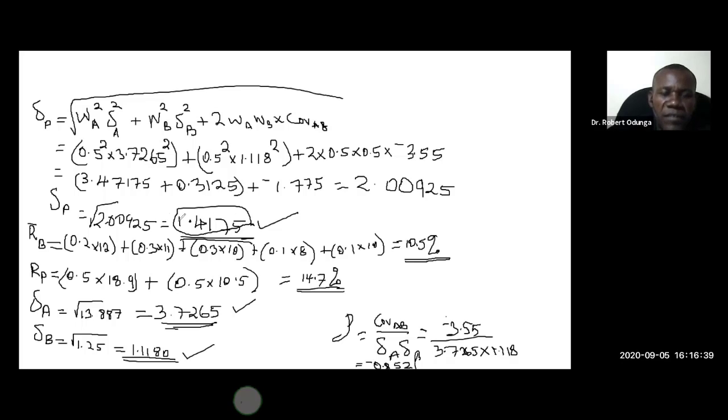The risk of the portfolio is 1.4175, and the return of the portfolio is 14.75. So you'll be comparing this return against other portfolios, other formations that can come about. So you are comparing this 0.5 to 0.5 with others.